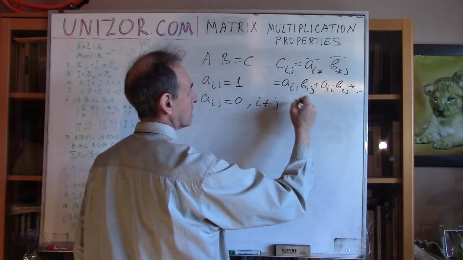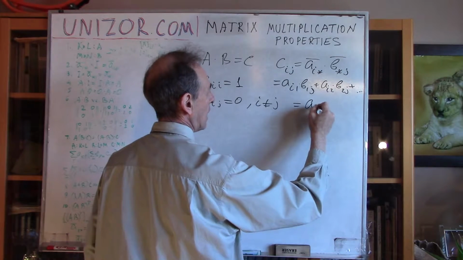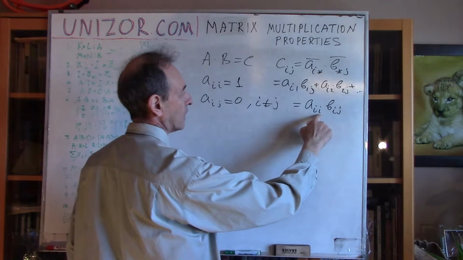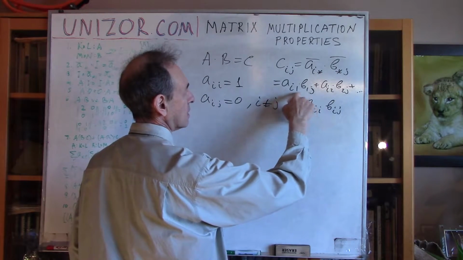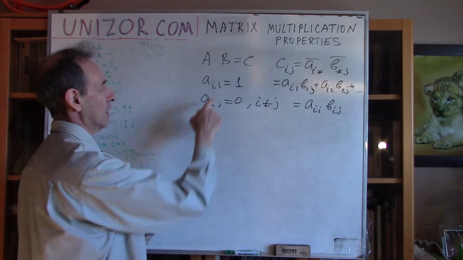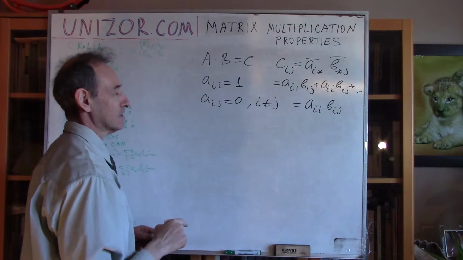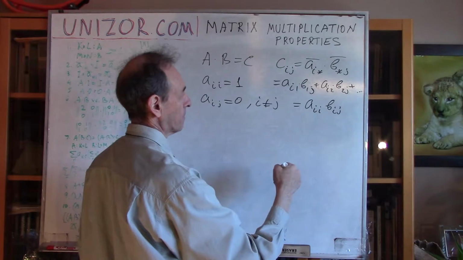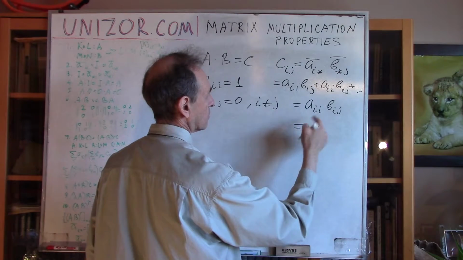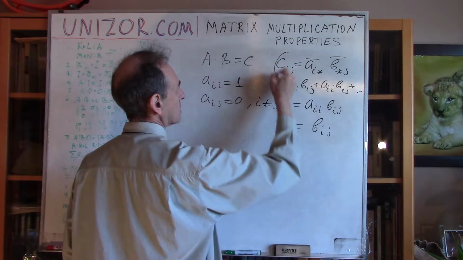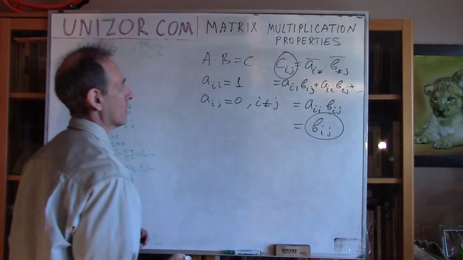So this is basically equal to a_ii b_ij. So when this index is equal to i, only in this case we have a_ii, which is equal to 1. All others are 0 and will be dismissed. And since this is 1, this is equal to b_ij. So what do we have? c_ij is equal to b_ij, right?